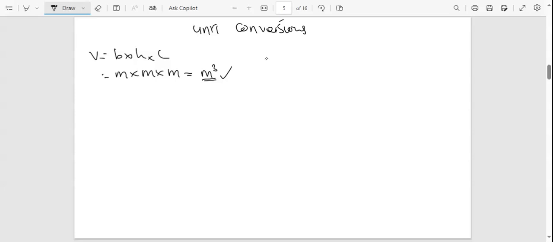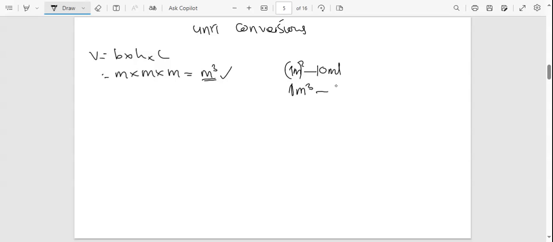We need to know that 1 meter is equal to 10 decimeters. Then what you are going to do is cube this so that we get 1 meter cubed.